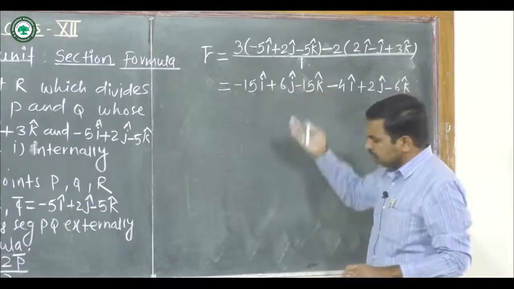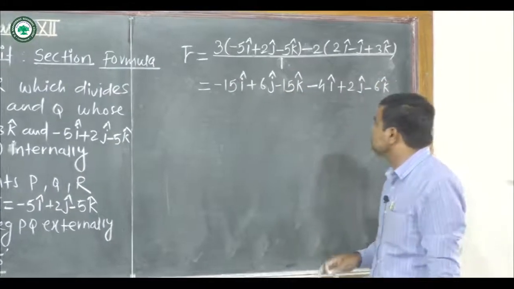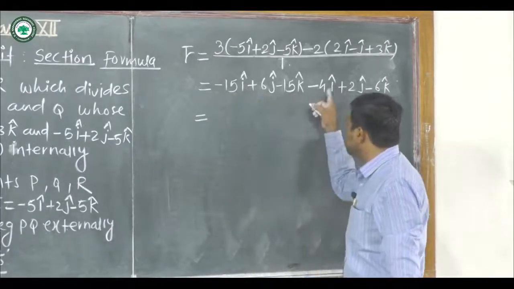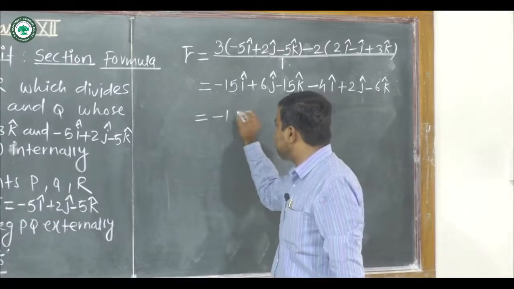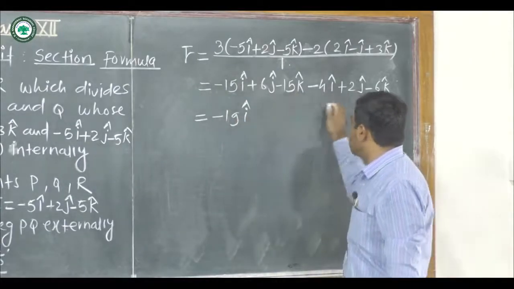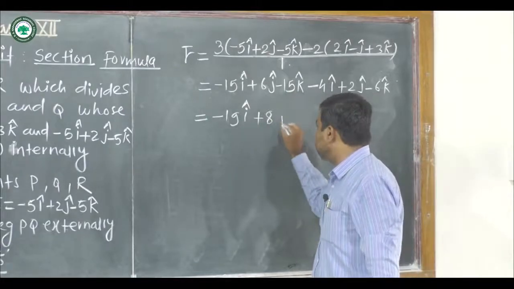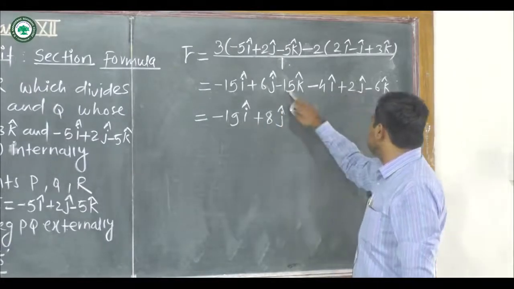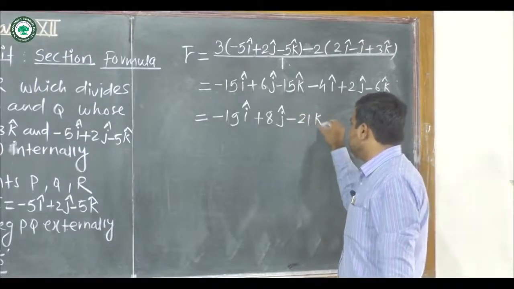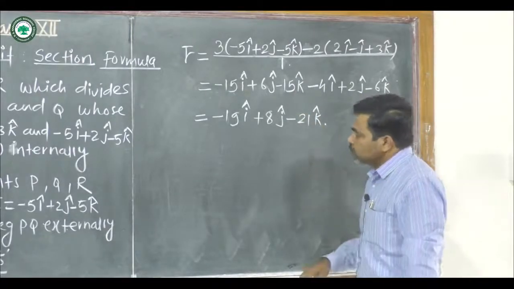Now denominator is 1, so there is no need to write it. Again it is equal to minus 15 i cap minus 4 i cap becomes minus 19 i cap. 6 j cap plus 2 j cap is plus 8 j cap, and minus 15 k cap minus 6 k cap is minus 21 k cap. So this is your r bar.